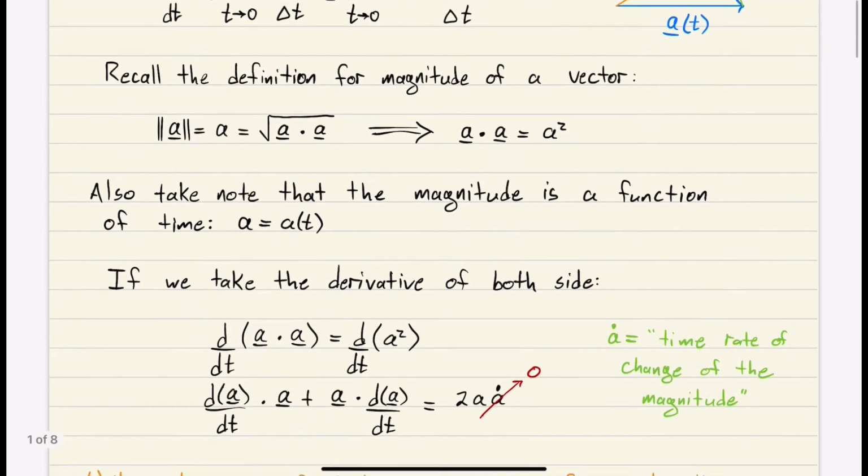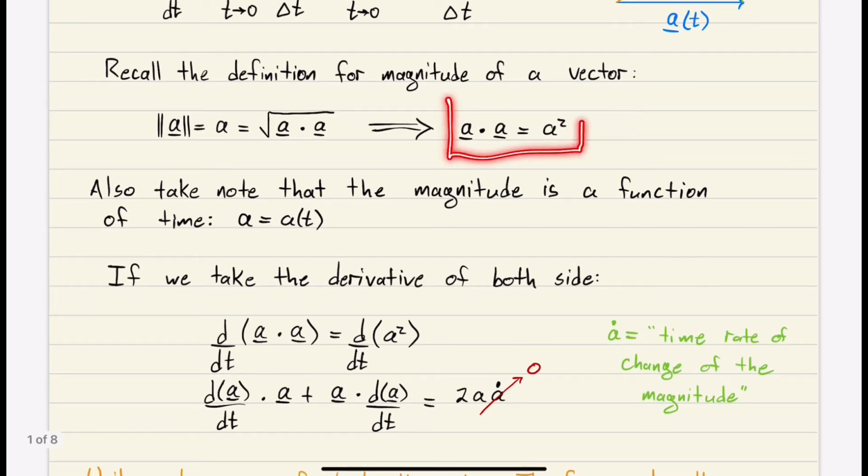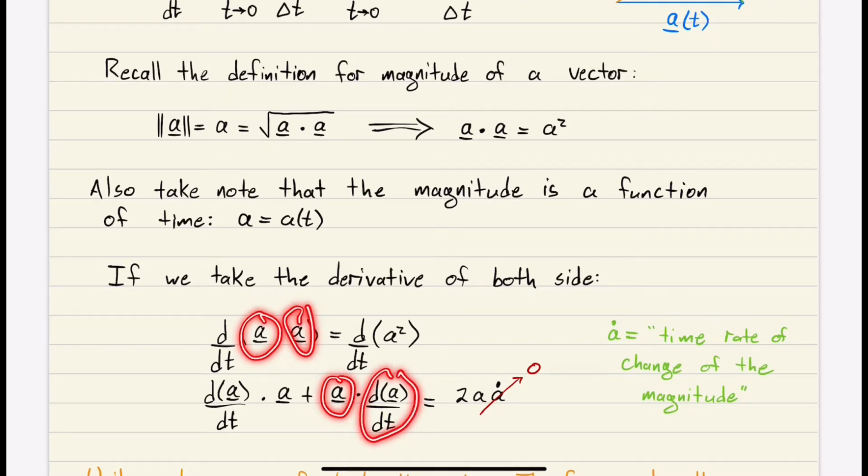So if we take the derivative of both sides of this right here, we'll end up with d/dt of the left side equals d/dt of the right side. This right here, we're going to apply the product rule. Derivative of the first times the second plus the first times the derivative of the second.